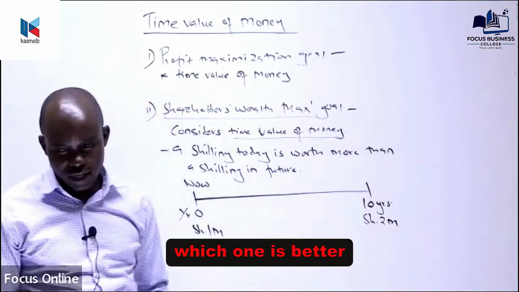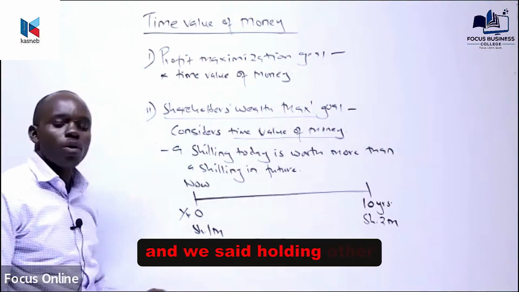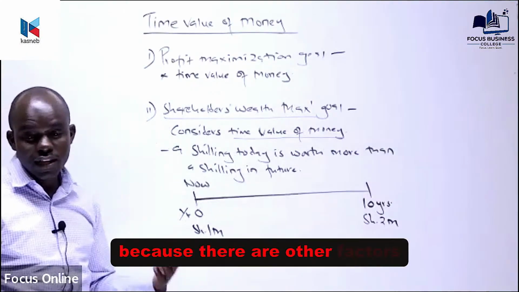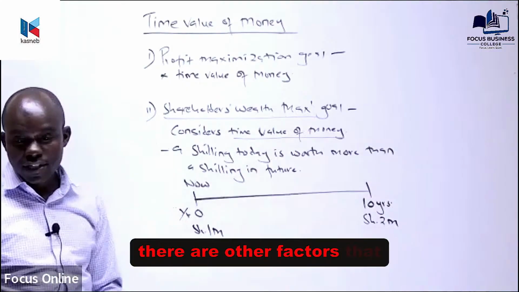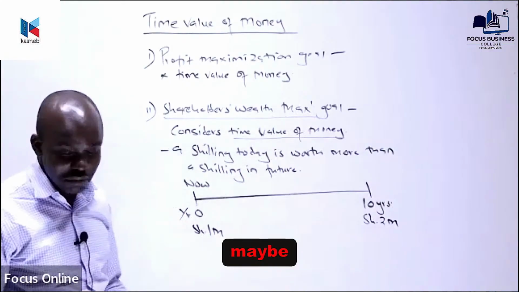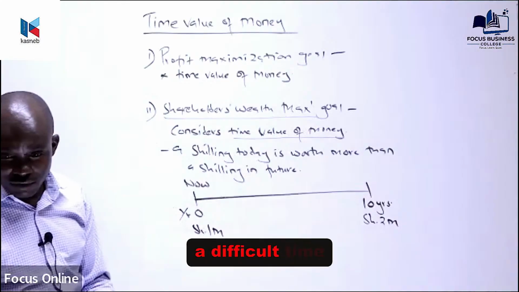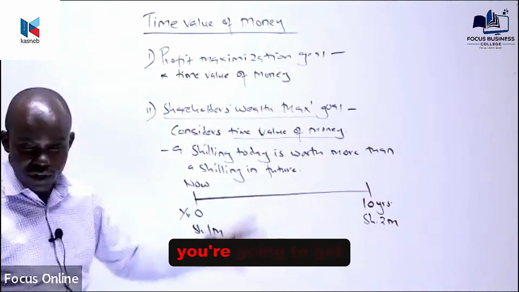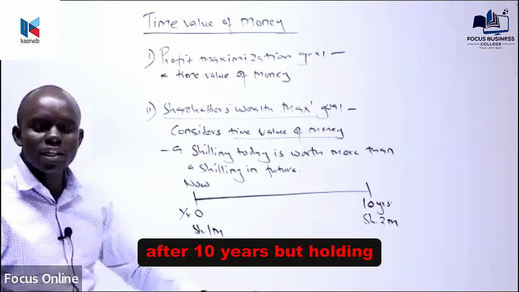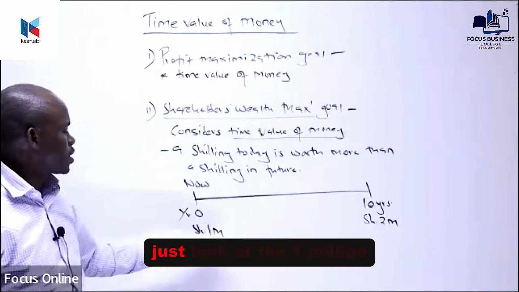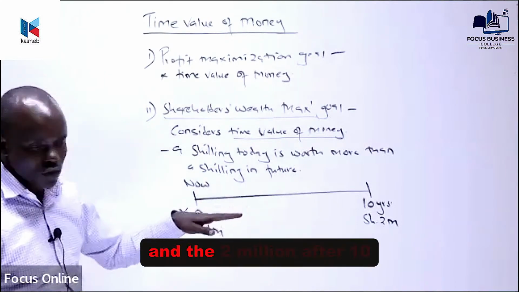Which one is better? And we said, holding other factors constant, because there are other factors that can influence your decision. Maybe you are going through a difficult time and you don't care what you're going to get after 10 years, but holding other factors constant, just look at the 1 million now and the 2 million after 10 years.